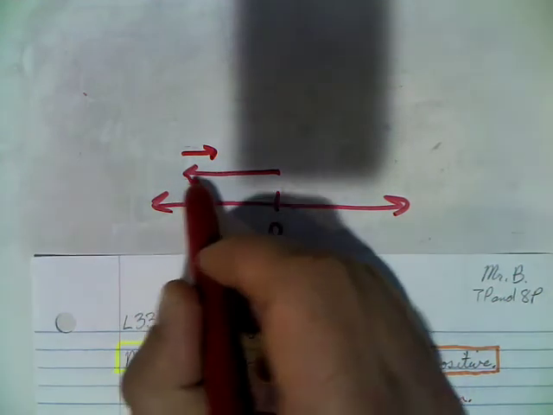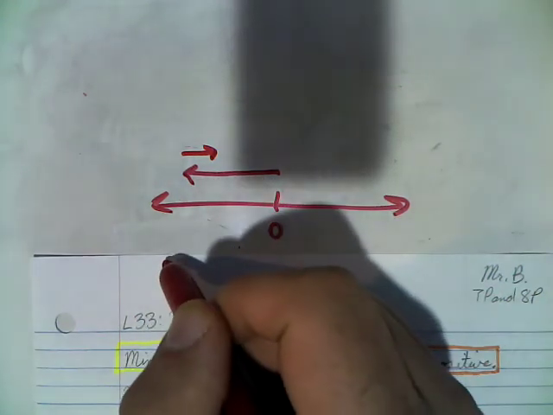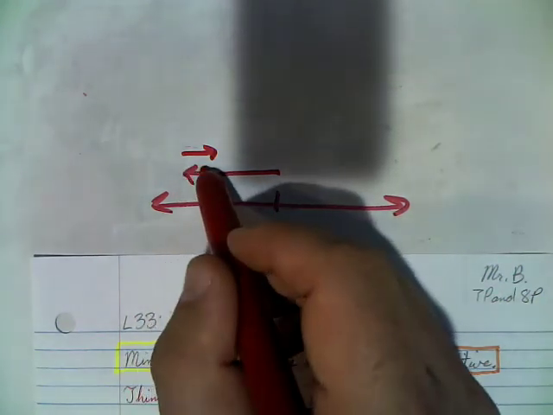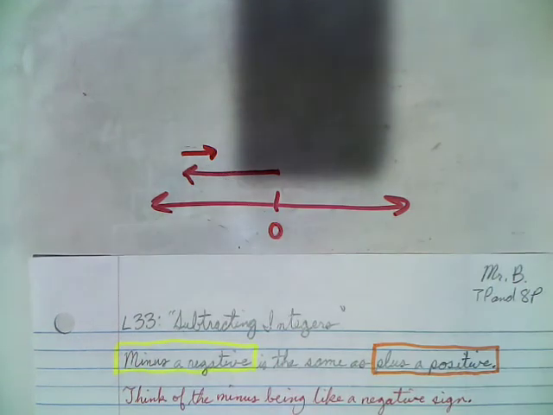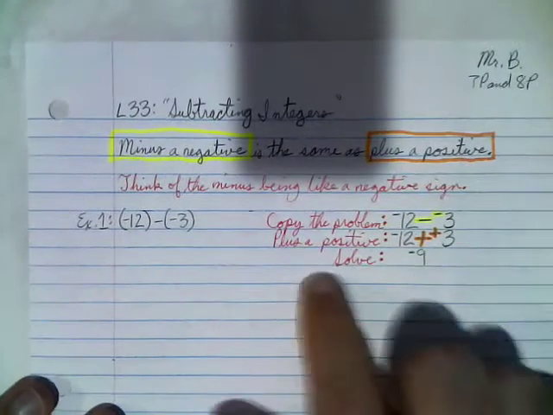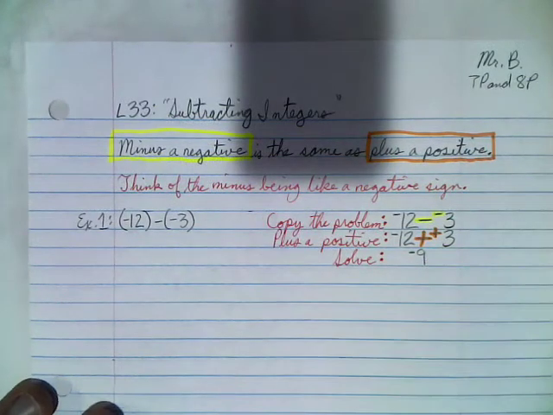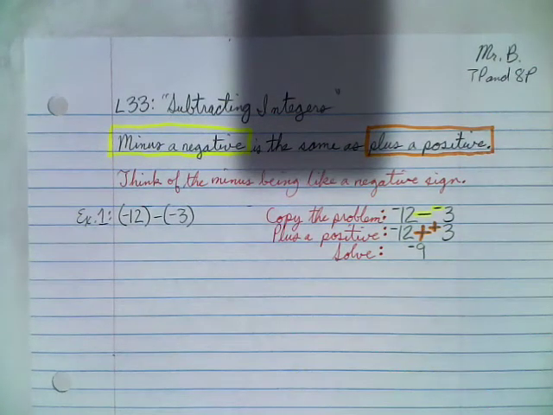So I'm going to have to come back 3 towards 0. So if this is 12, 3 back here would be 9, and since on the negative side, negative 9. So whether you think of a sketch in your mind or you follow the rules, it's still going to end up negative 9 either way.